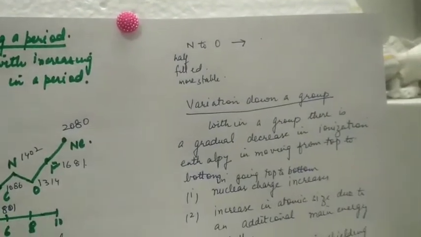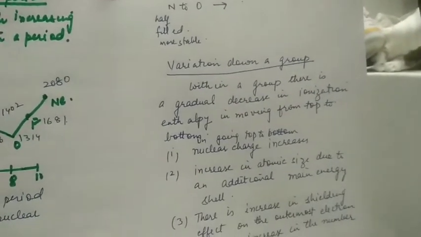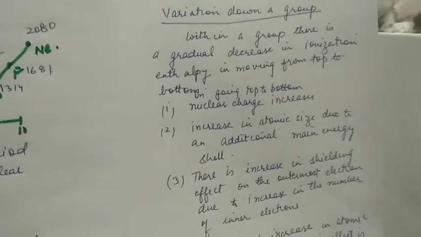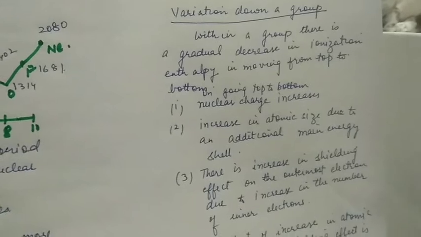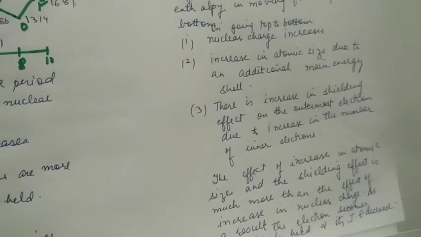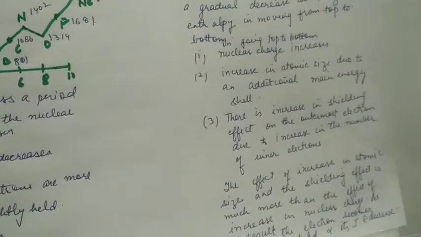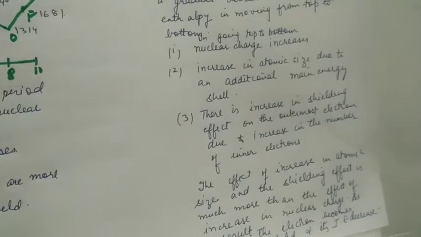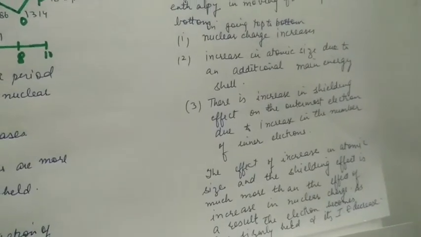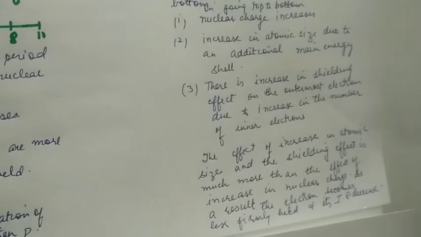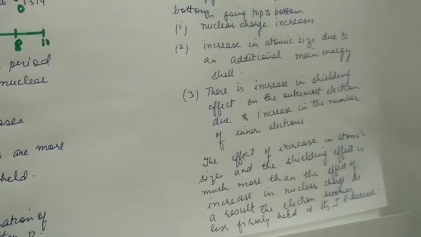So variation down a group. Within a group there is a gradual decrease in ionization enthalpy in moving from top to bottom. This is because as we move down the nuclear charge increases, the atomic size increases because of additional main energy shell, and there is an increase in shielding effect on the outermost electron because there is an increase in the number of inner electrons.